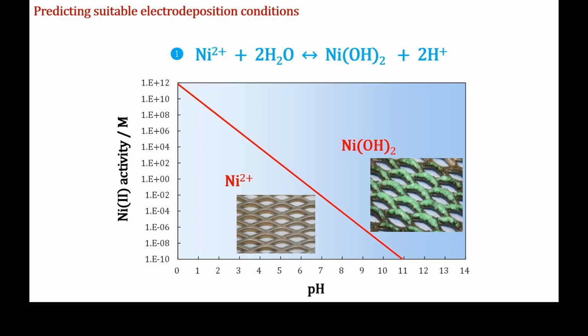So you can see that nickel 2+ activity is indeed very highly influenced by pH. The more acidic the pH, the higher the nickel 2+ activity, and the higher the pH, the higher the fraction of nickel OH2. We don't want nickel OH2 in our plating.